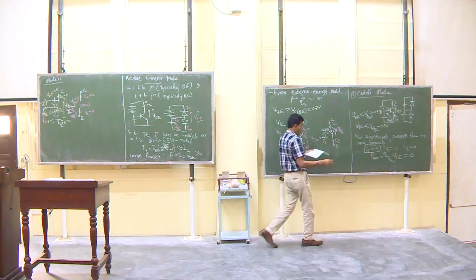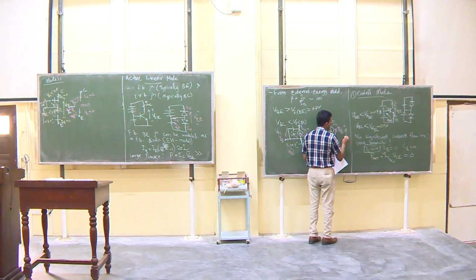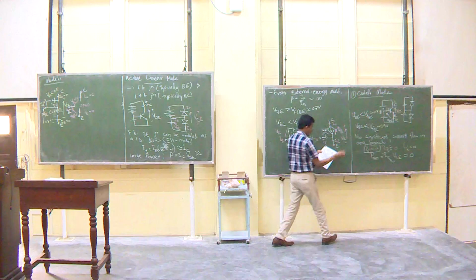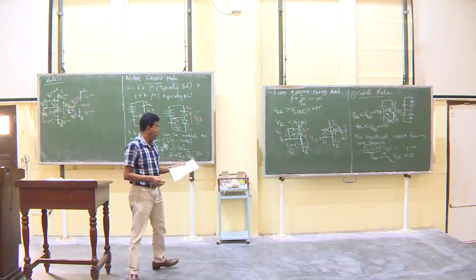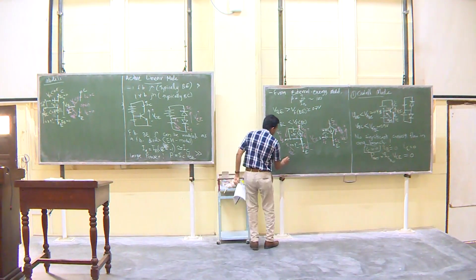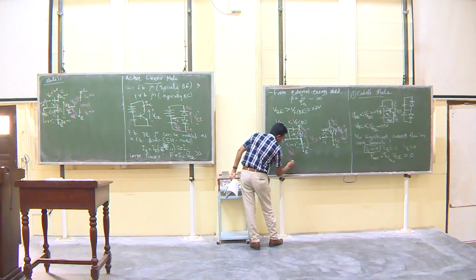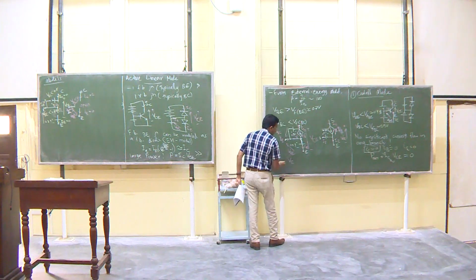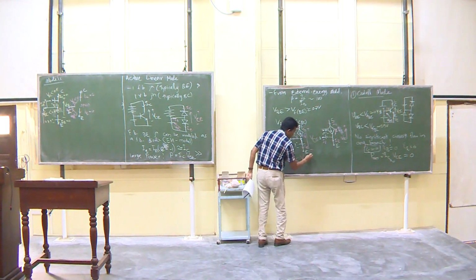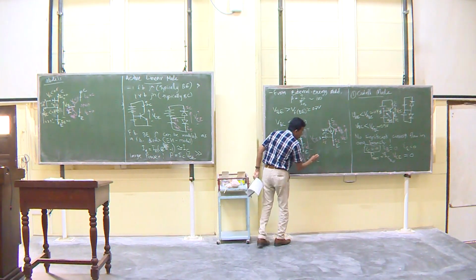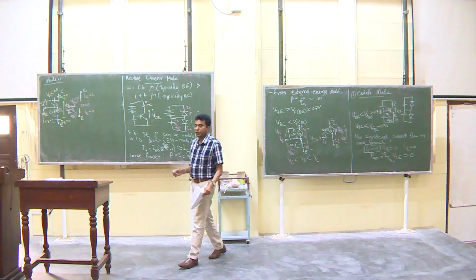Okay, so for this to happen, E should be the smallest, VB should be greater than that, and VC should be even greater than that.